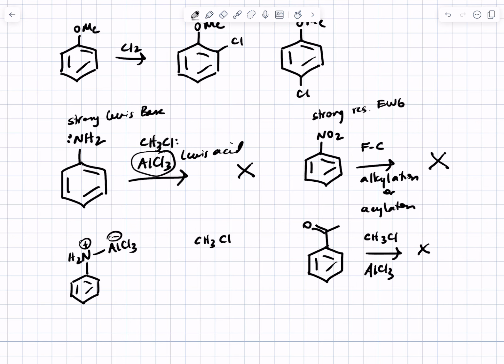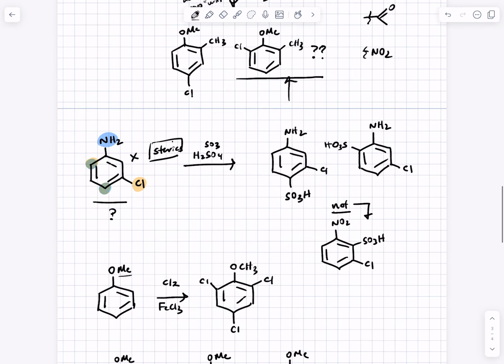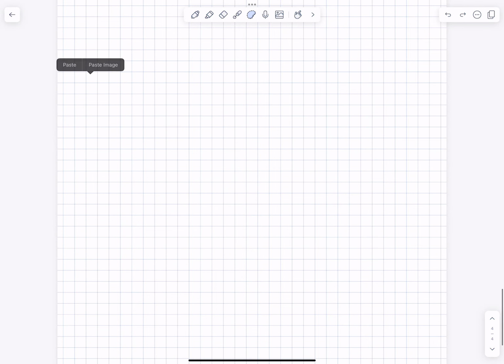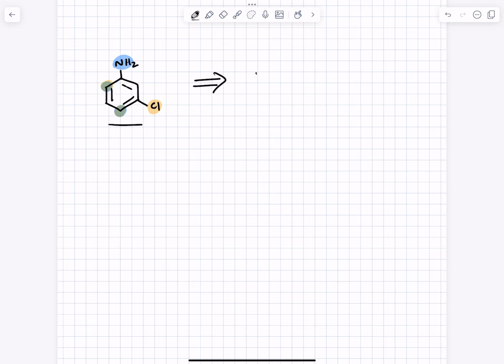All right, let's maybe do a couple of them. Let's start with, let's actually make this one. All right, so I want to make this one, and I'm going to make it from just benzene. Okay? So let's talk strategy.